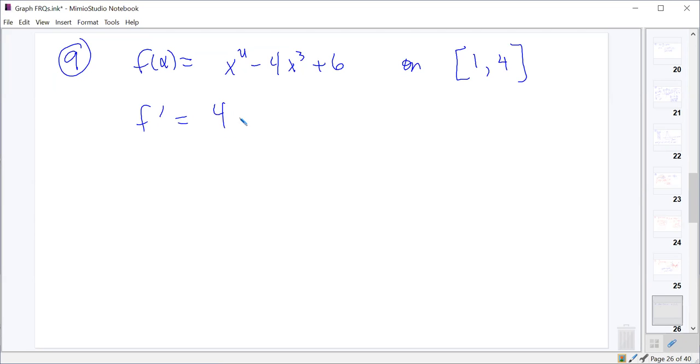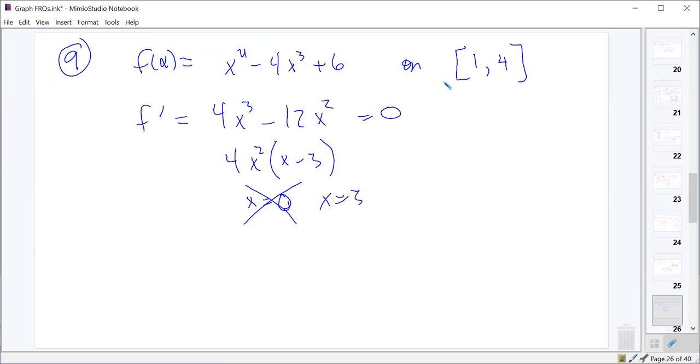F prime should be 4x cubed minus 12x squared. First, we'll set this equal to 0, and we would see when it's undefined, but it's never undefined. So it's equal to 0, 4x squared times x minus 3. So that'd be x equals 0 or x equals 3. We can immediately ignore x equals 0 because it's not on our interval.